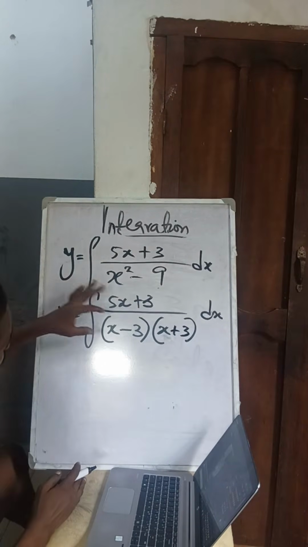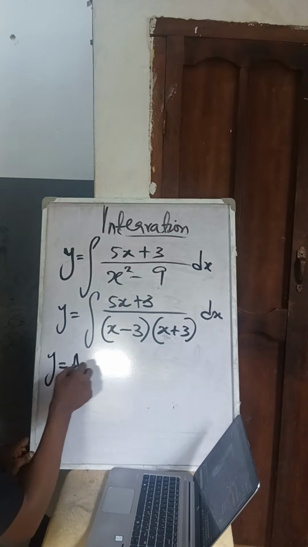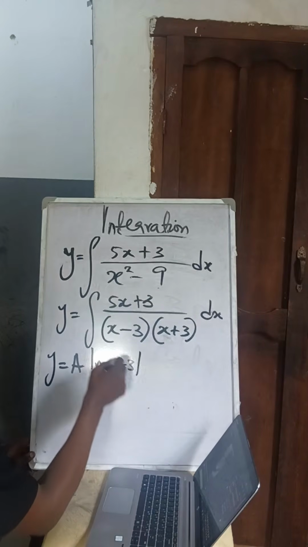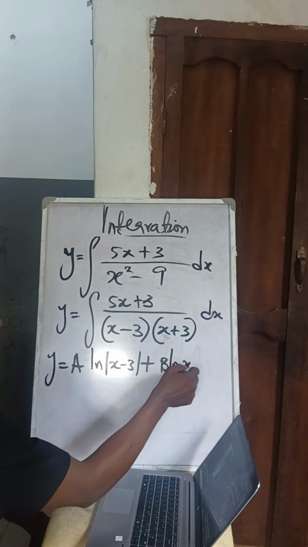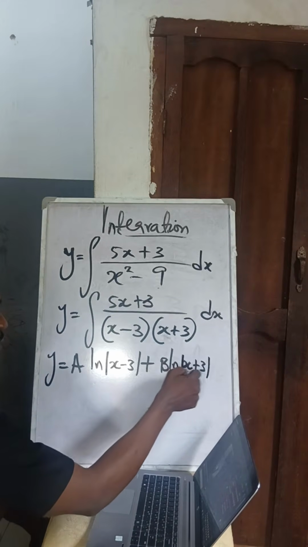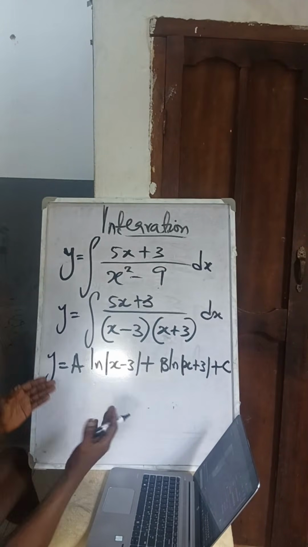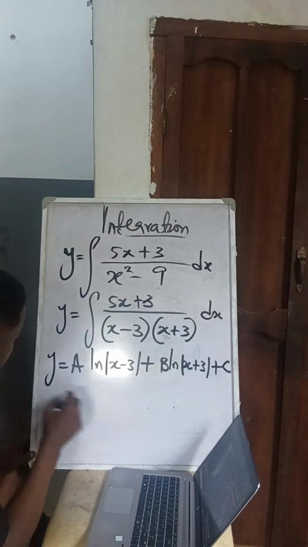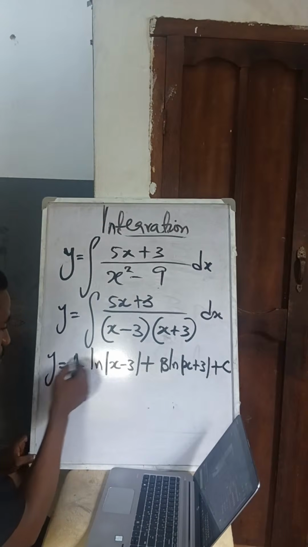Beautiful. So what we do now is we have our A in the first bracket, x minus 3, plus B in the second bracket, x plus 3, plus c. So this is the structure of our solution. So how do we now get the final solution? We come over here and say, for A, we say x minus 3 equal to 0.